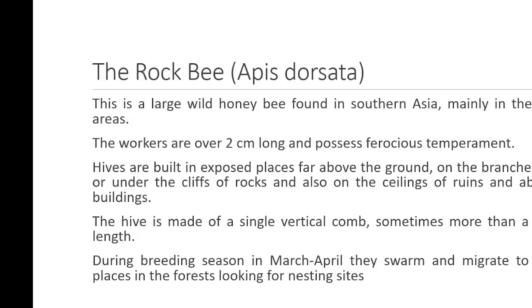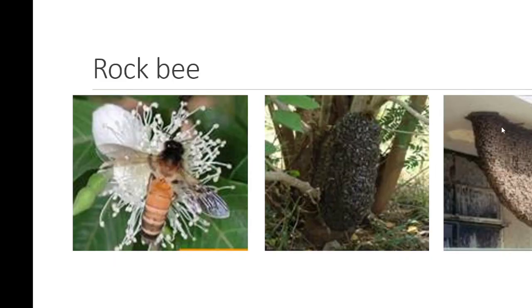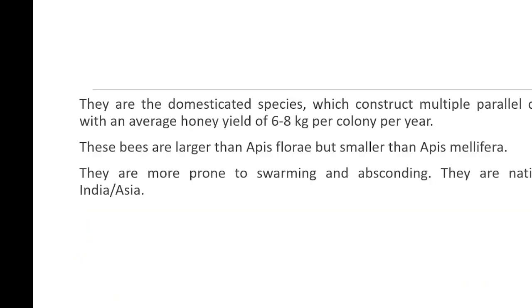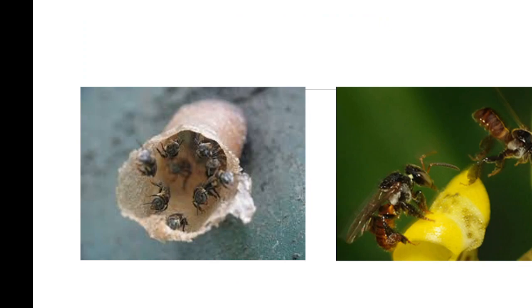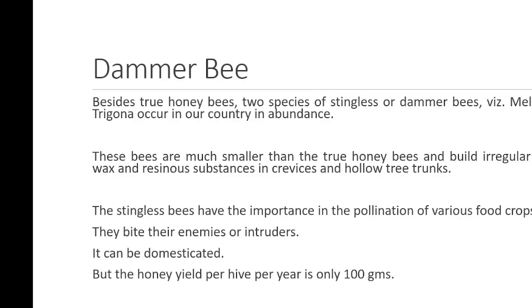Here you can see that the shape of the honeybee colony will be like this. But in the case of the dammer bee, you might have noticed that they make their hive in any gap. If it is a gap of an electricity box, they will be able to make their hive in that small gap.